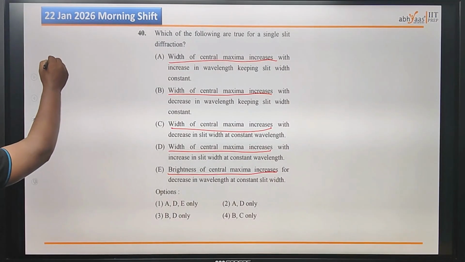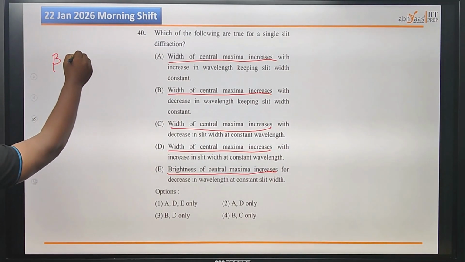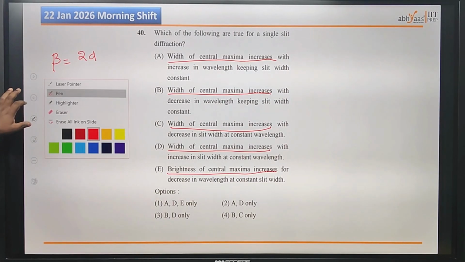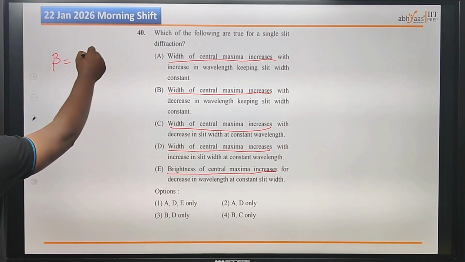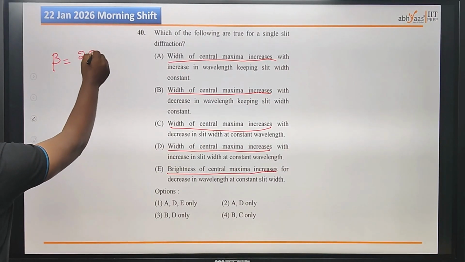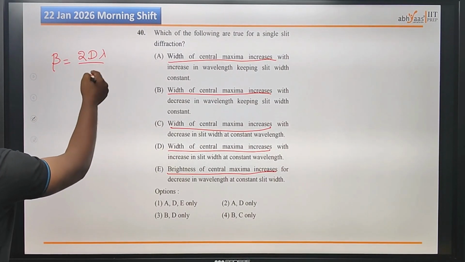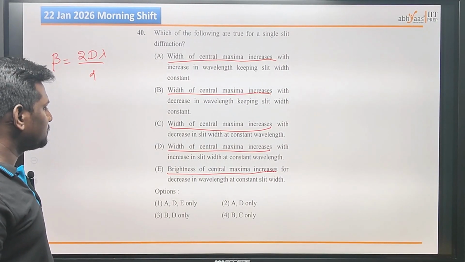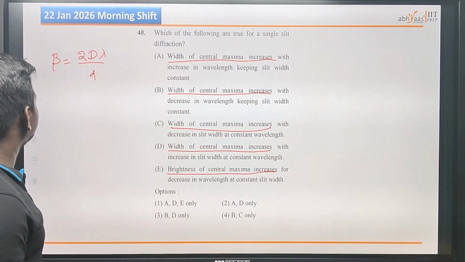We know that for fringe width you can say beta equal to lambda capital D by small d. Capital D is the distance between the screen and the slits, and small d is nothing but the distance between the two slits. So which is correct?